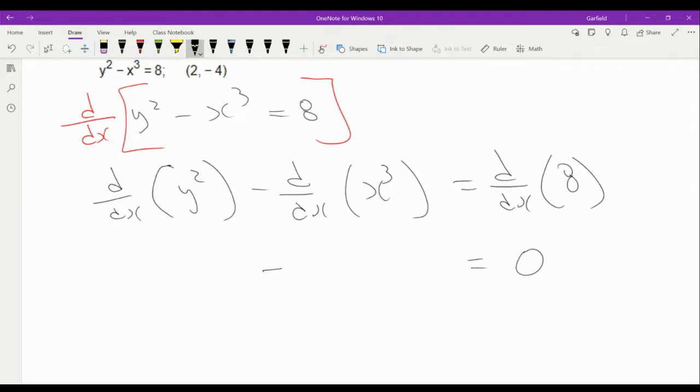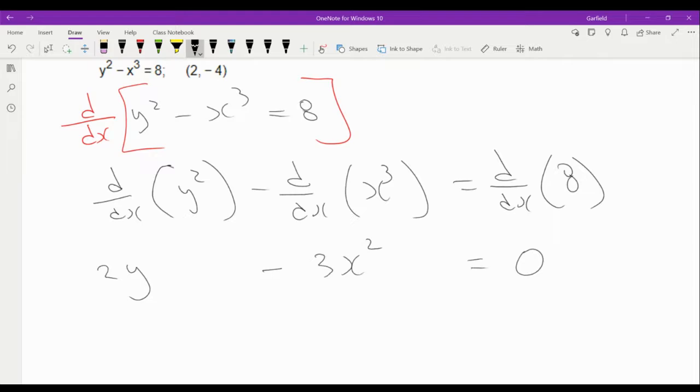So 3x squared. How about the y squared? What's the derivative of y squared? How do you get that, Martha? Two y. All right, so closer. So 2y.